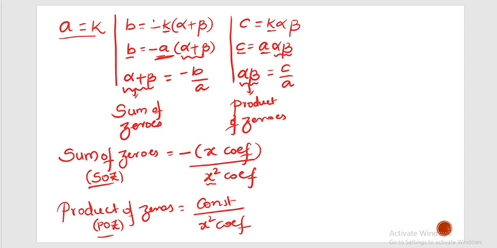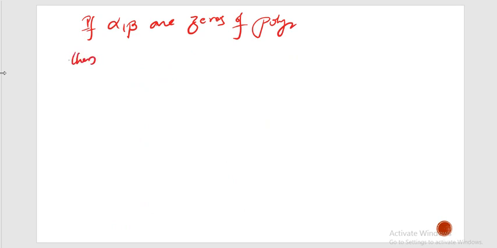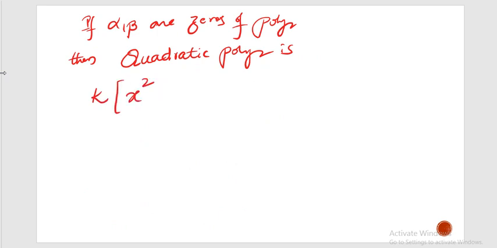Now from this we can deduce one more formula. See, if alpha comma beta are zeros of a polynomial, then I can represent the quadratic polynomial as k times of x square minus of sum of zeros into x plus product of zeros.